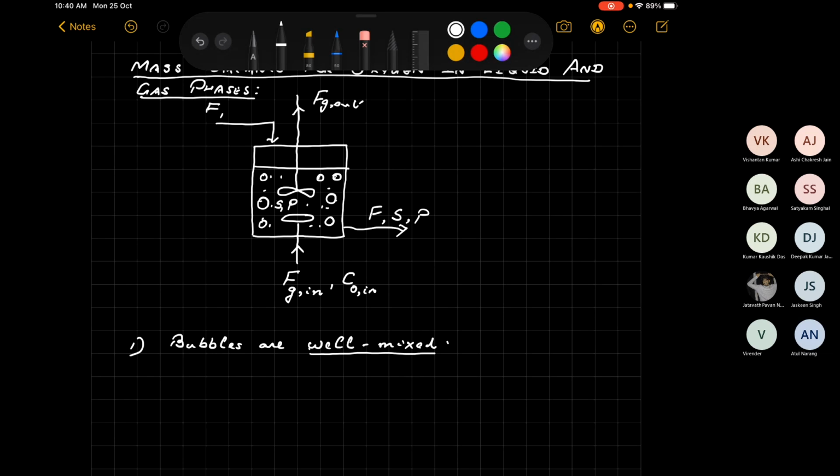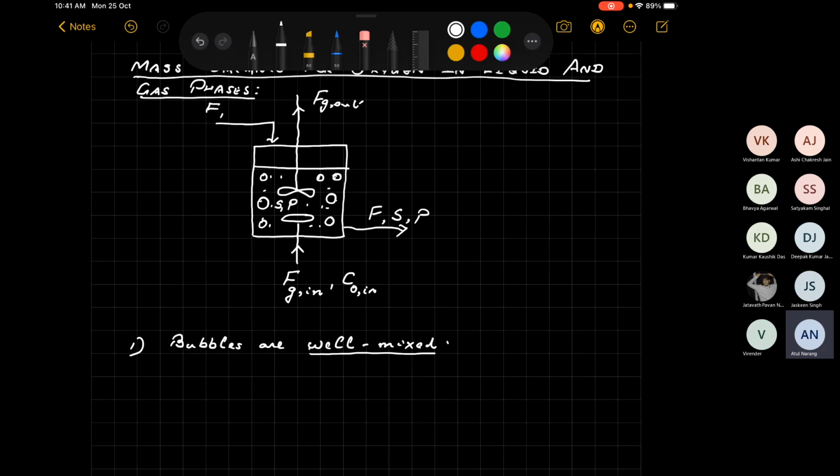One, the composition does not change with space inside the reactor, right? So the liquid concentration is the same no matter where you go inside the reactor. And the second assumption is that what comes out is essentially identical to the space independent concentration inside the reactor. Those are the two attributes of the well mixed assumption.